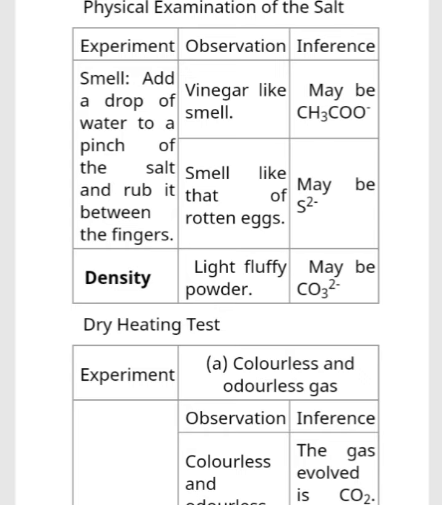So, observation. Let's look at the experiment: smell, add a drop. Okay, let's leave the experiment because we are not doing an experiment. We are just trying to get odors and the rest, like something that smells like vinegar. You can see maybe this salt, CH3COO minus.